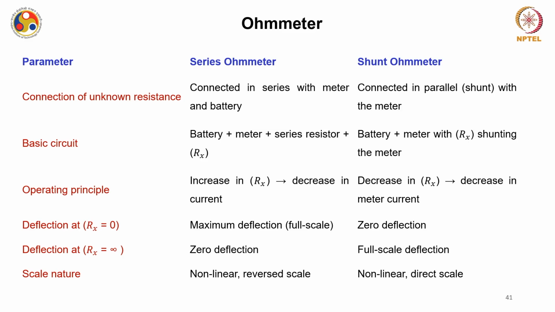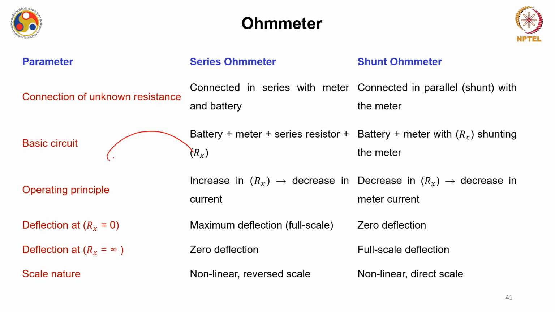Decreasing the unknown value will decrease the meter current, depending on how it is connected. Deflection at Rx equal to 0 is a full scale, maximum deflection in the case of the series ohm meter, while it is just opposite in the shunt ohm meter, and that's why the scales of the series and shunt ohm meters are opposite.